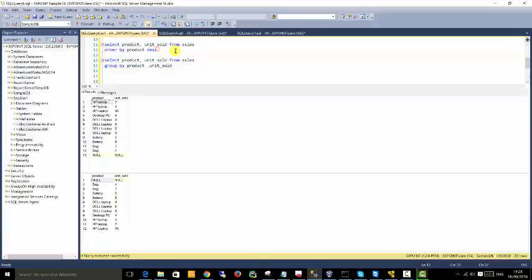Actually, let's not use descending, let's order by ascending. One thing you would observe is we have 13 rows returned here, which is expected because that's everything we have from the table. But here we have 12.